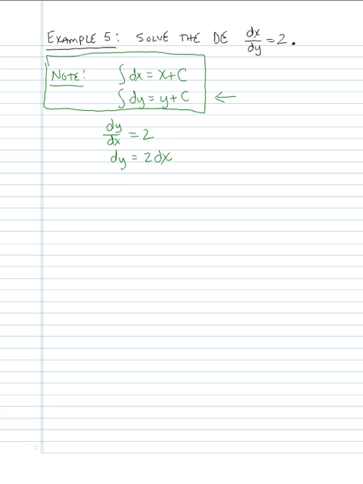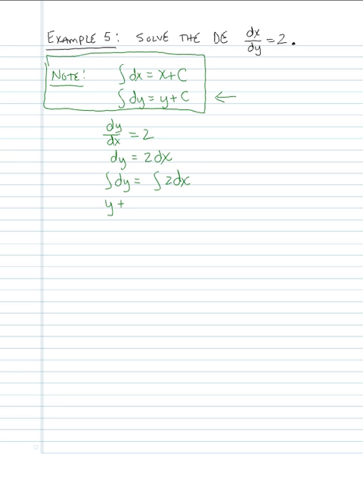So here's what we're going to do now, is we're going to integrate both sides of this equation. So we have the integral of dy on the left and the integral of 2 dx on the right. Now, the integral of dy we just saw above, and remember that that's nothing more than y plus some arbitrary constant. Now, let's be careful here.